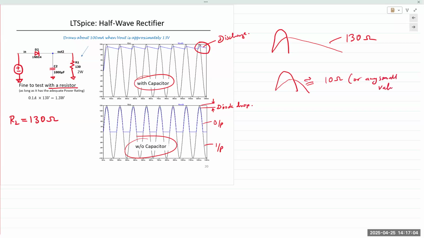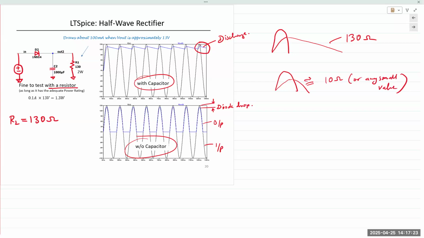So you could perform this simulation. It again wouldn't take too much of your time, but you will gain some valuable insights on how the load resistor affects the design of your power supply.